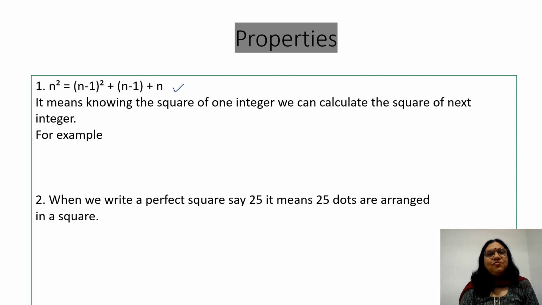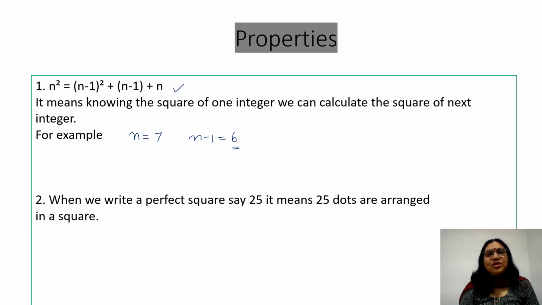For example, if I take n is equal to say 7. So what is n minus 1? N minus 1 is 6. So if I know the square of 6, I can calculate the square of 7 without multiplying 7 by 7.